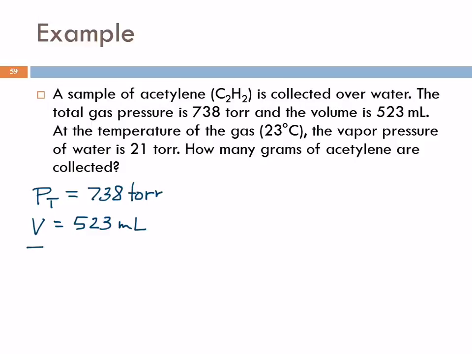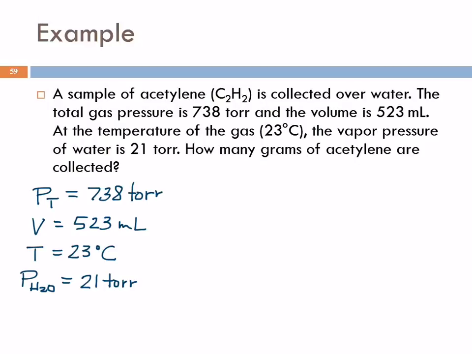The temperature is 23 degrees Celsius. The vapor pressure of water, that's the partial pressure, vapor pressure is just another word for partial pressure, is 21 torr. So I've got all of this information, but I'm trying to get grams of acetylene.